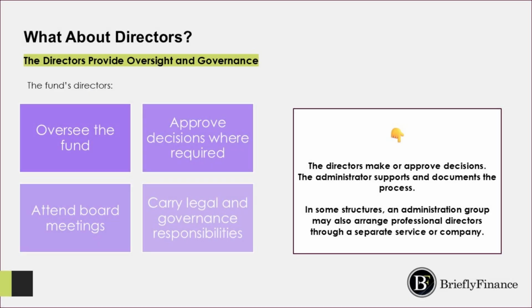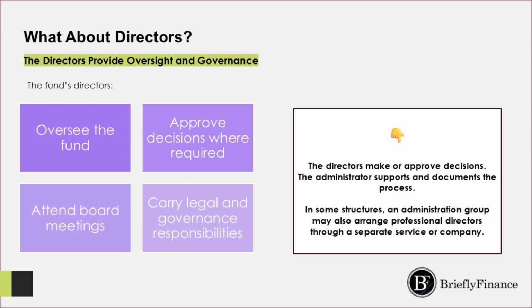Now let's introduce another important party in a fund structure: the directors. The directors are responsible for overseeing the fund at a governance level. They review important matters, attend board meetings, approve decisions where required, and carry legal and governance responsibilities. They are not usually responsible for the fund's daily accounting work. Instead, they provide oversight and make or approve certain decisions on behalf of the fund.